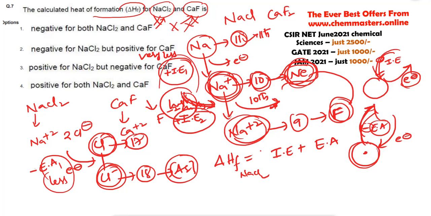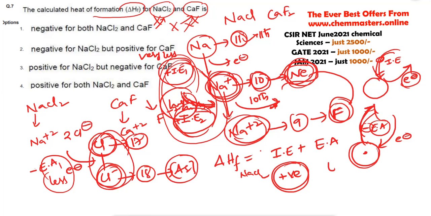So you can see IE1 plus IE2 will become the big positive value. When we compare this with the electron affinity, the enthalpy of formation will be a positive value.